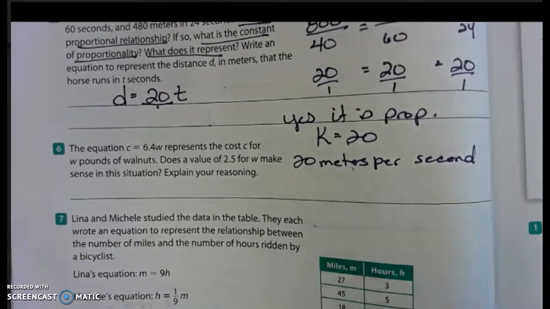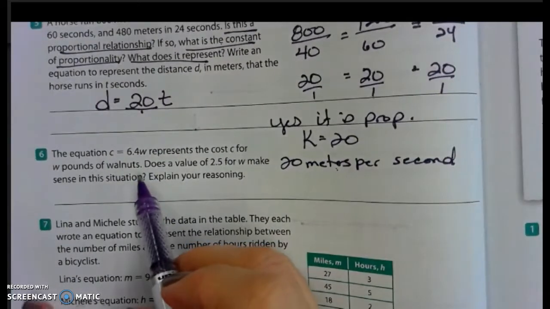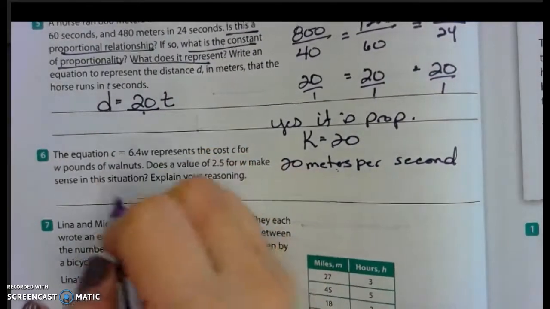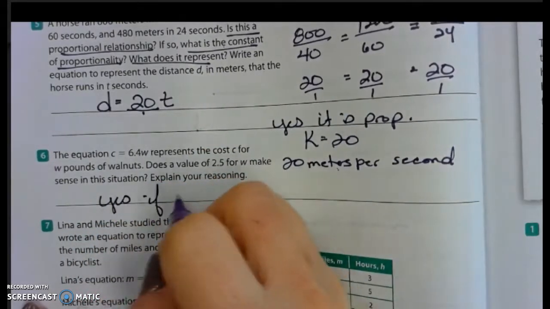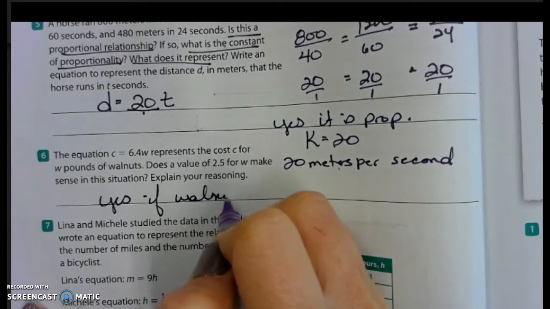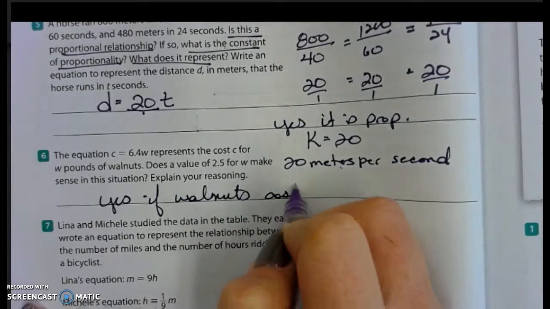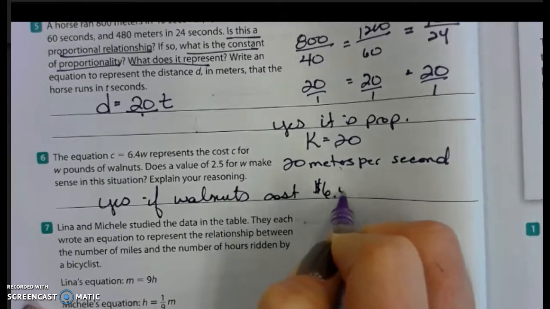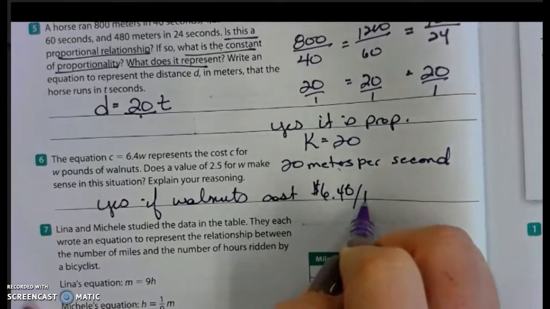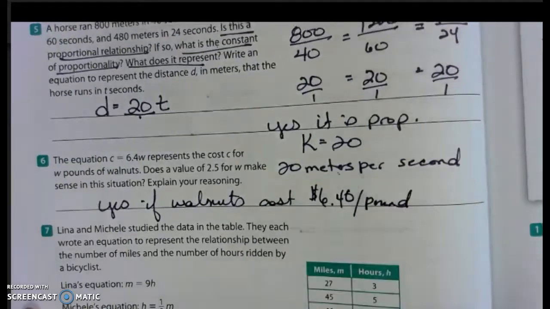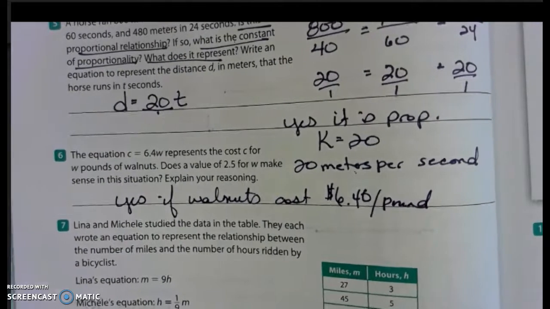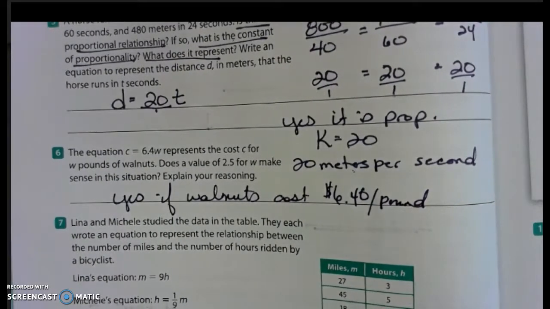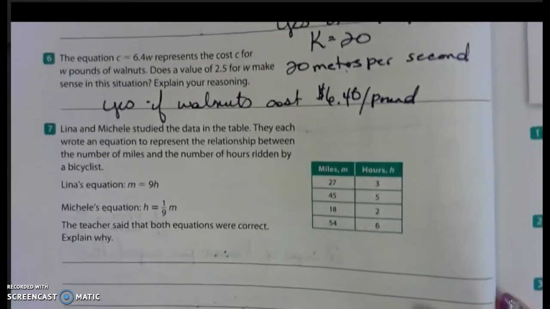Yes, it would. $6.40 is a logical price for those. So yes, it makes sense if walnuts cost $6.40 per pound. Because if you want to know a total cost, you multiply the price times the number of items you buy, and you have a total cost.